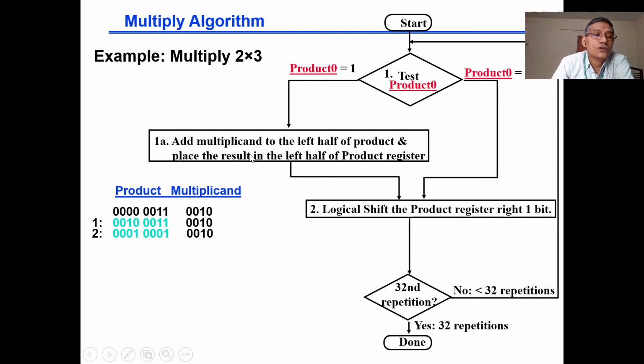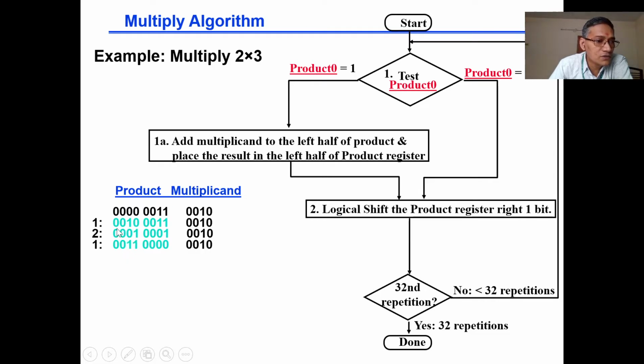Now we move on to the next iteration. Because we have considered 4 bits, we need to run this algorithm 4 times. Now what is the product register value? The LSB is still 1 here in the previous step. So 1 means we need to add the multiplicand to the left of the product register and place the result in the left of the product register.